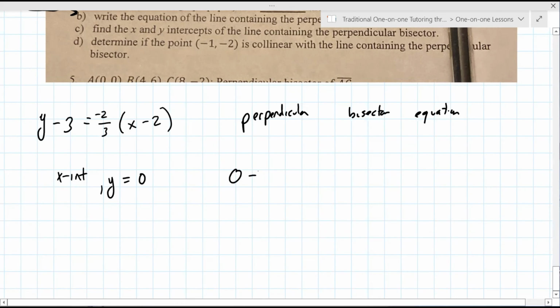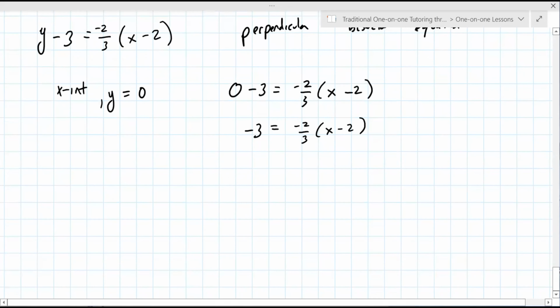So we have 0 minus 3 equals minus 2/3 x minus 2. Now, when we distribute this fraction in, you can treat this 2 on the right as 2 over 1.